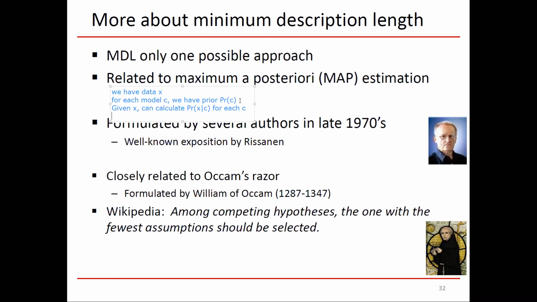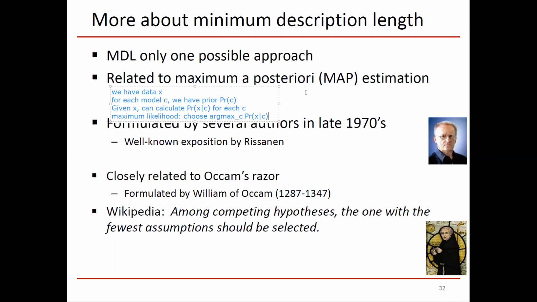Okay? So maximum likelihood, choose argmax of the probability of X given C. And by argmax, I mean that I choose the argument C that maximizes the probability of X conditioned on C. So that's one approach.